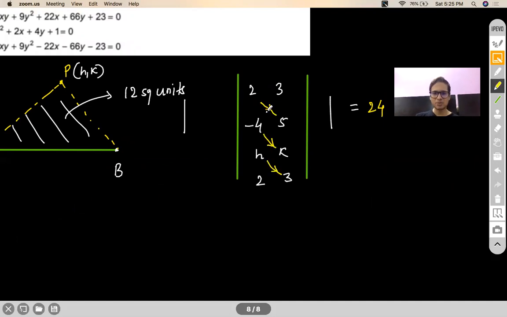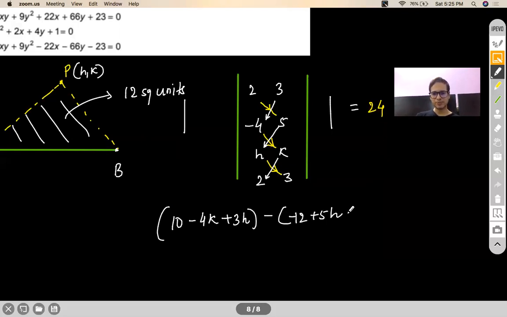Okay, this formula. So you have 10, you have 10, you have minus 4k, you have 3h, minus 12, this is 5h, this is 2k. This mod is given to us as 24.